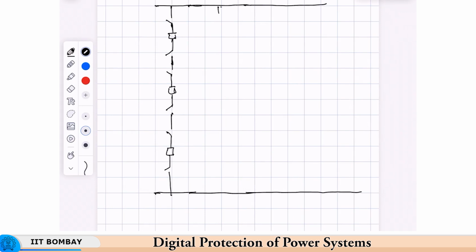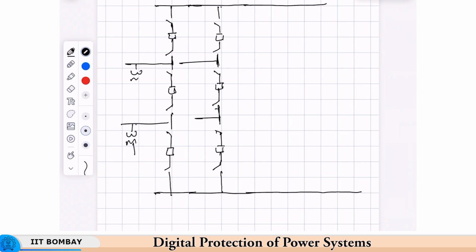Similarly, say one more like this, and the feeders are taken out from these sections here, and the same logic of carrier aided protection for the lines applies.